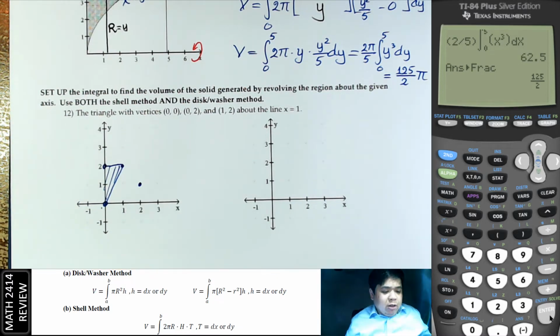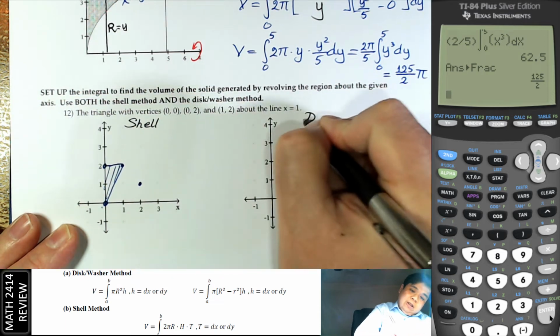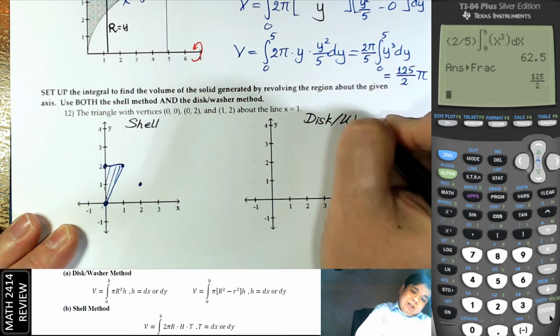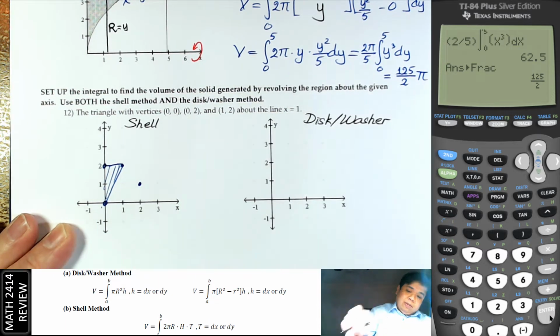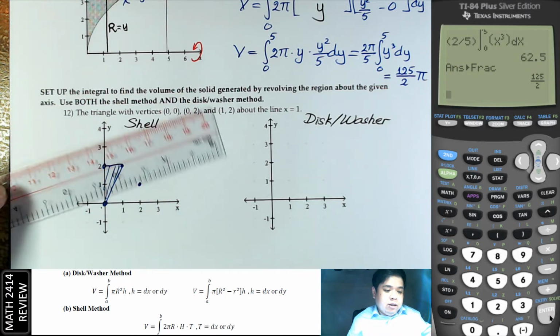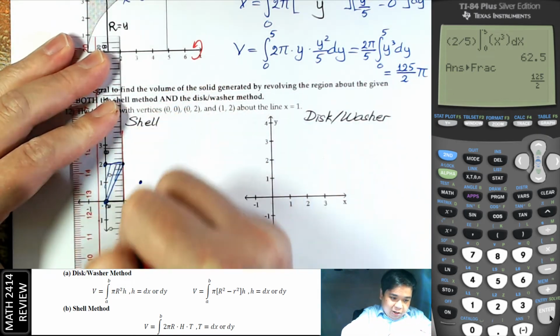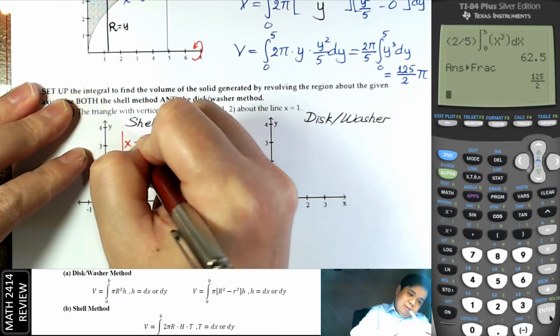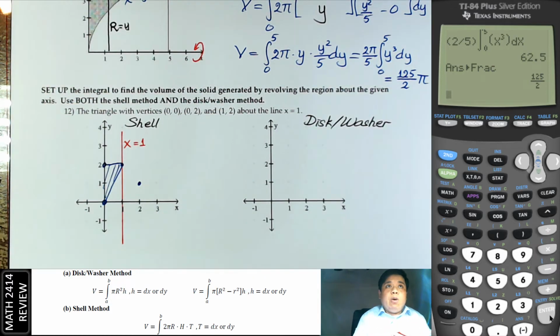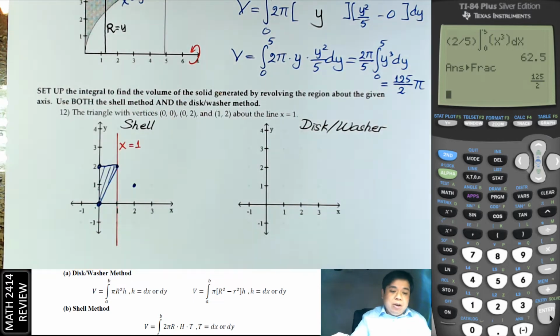Now let's do the shell method first, and we'll do this in washer. By the way, it rotates about the line x equal to 1, which is the vertical line. Now if it is a vertical line for the shell method, we're going to go perpendicular to it. So the shell method is going to be dx.